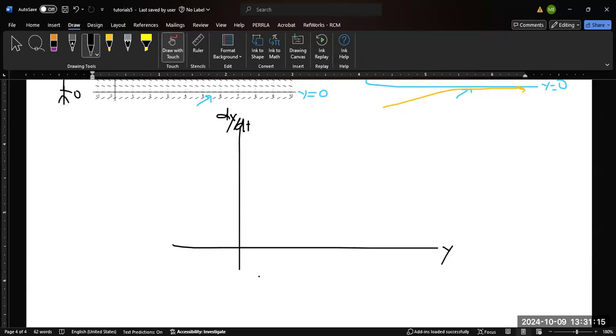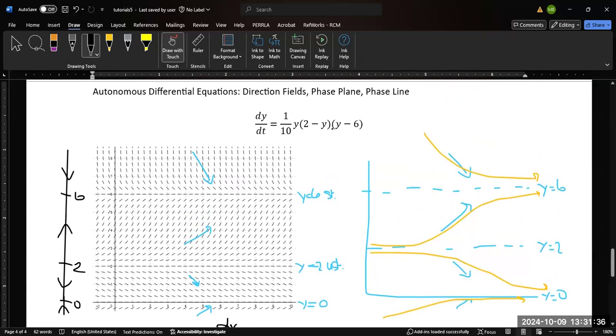We're looking to plot this as if it were a function of x, so to speak. We have zeros at 0, 2, and 6. And then we can create a sign chart since our function is already factored.